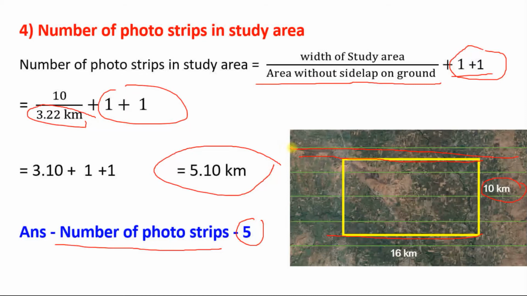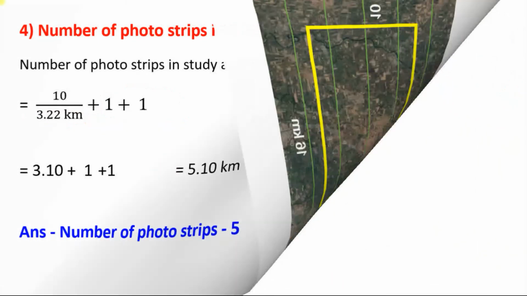So if you consider 2 extra flight lines, one at the beginning of the survey and one at the end of the survey, we properly capture your whole area without any obstacles. For this reason we consider 2 extra flight lines for every area.